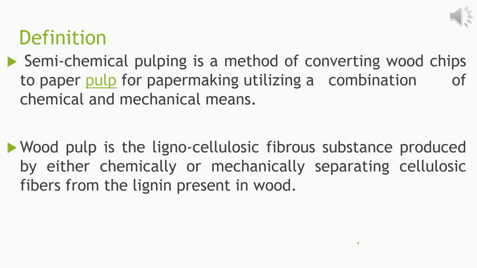For what purpose is this pulping done? The pulping is done for making a pulp from wood chips or some other materials. Why is the pulp made? The paper pulp is made for making paper.